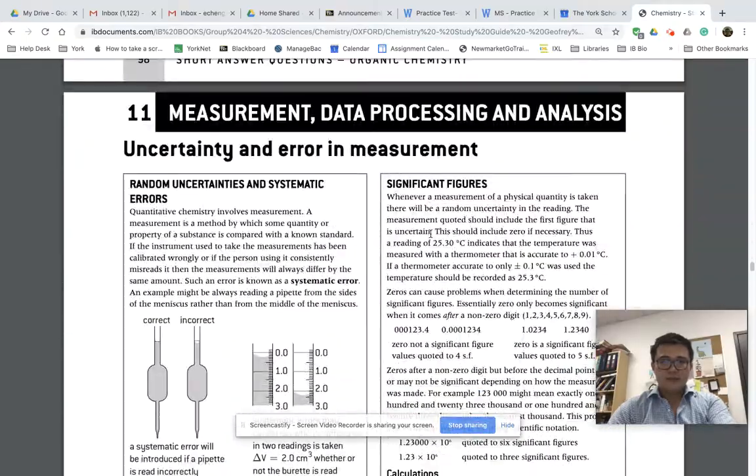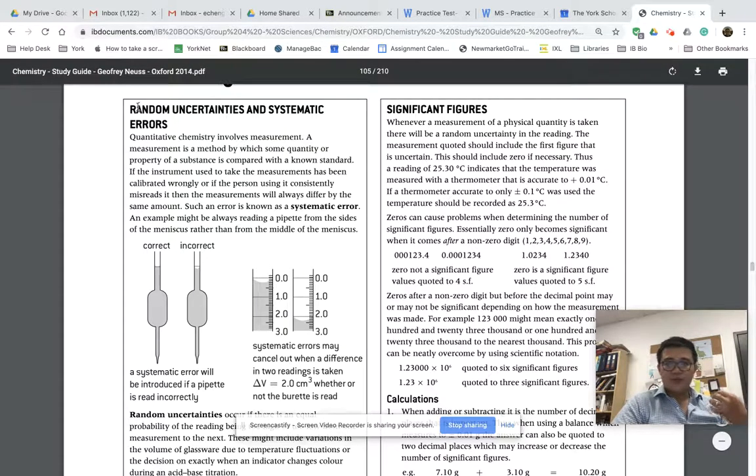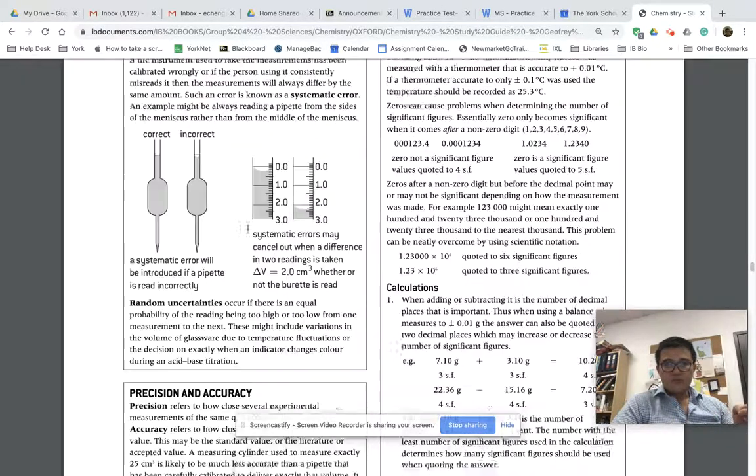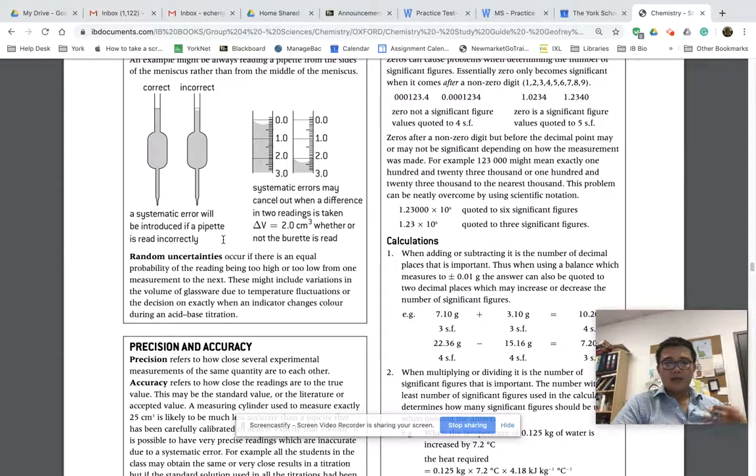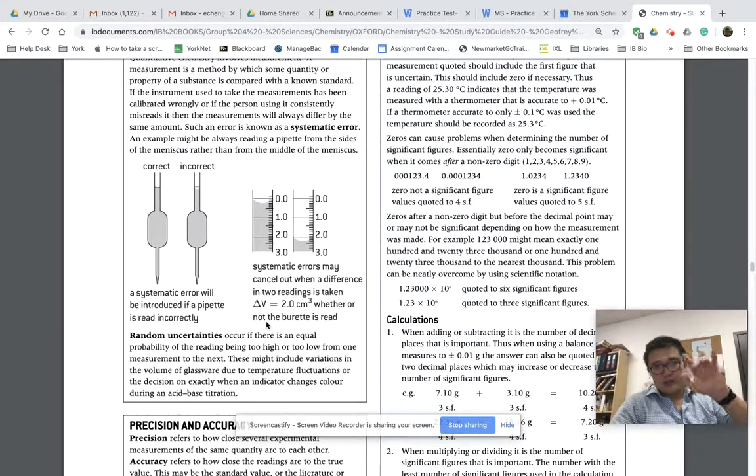Okay, 99. So, in chemistry, you have different kinds of uncertainties. You have random uncertainties as well as systematic uncertainties. Random uncertainties would be things like a reading that's too high, or a temperature fluctuation, as it says here. So it's a one-off thing.